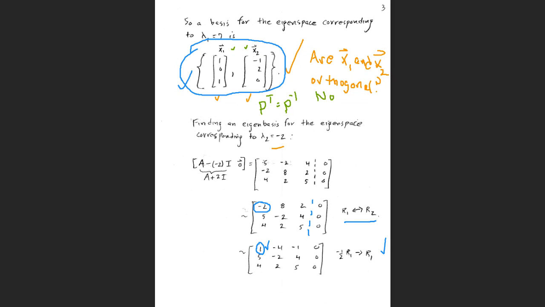Okay, so what we're going to do now is to produce zeros. We want to get this augmented matrix in reduced echelon form. To do that, we need to get zeros where the 5 and the 4 are. So we'll use the 1 as a pivot.